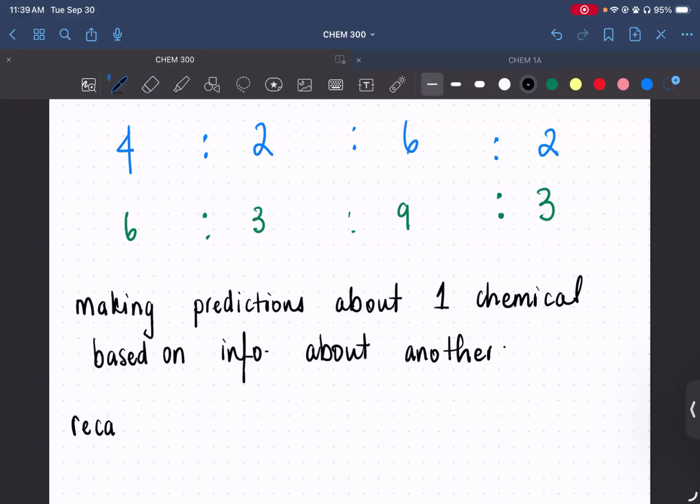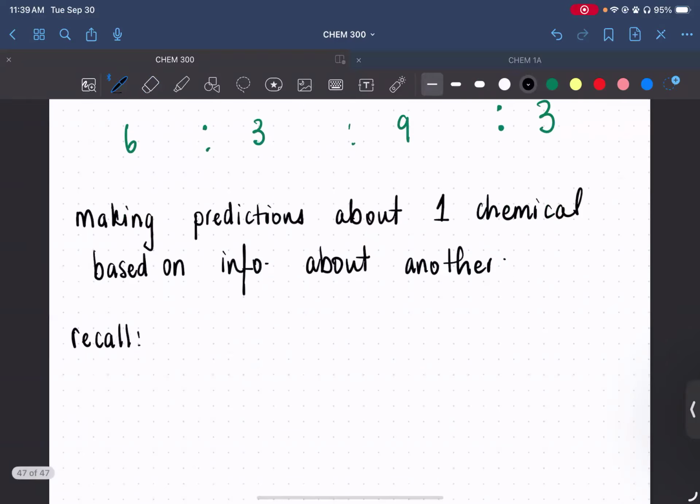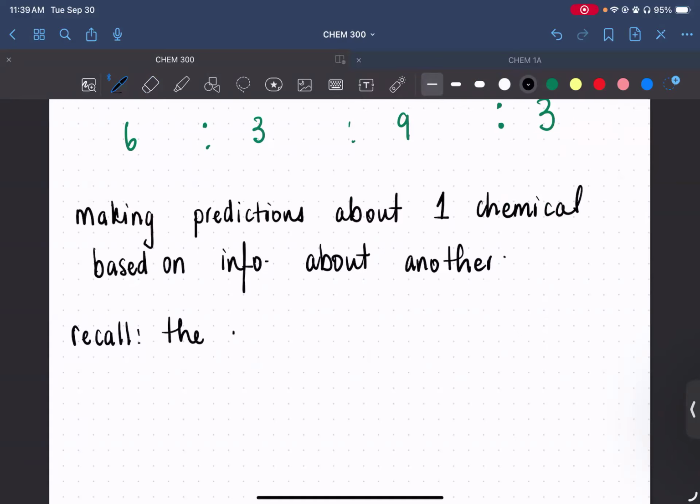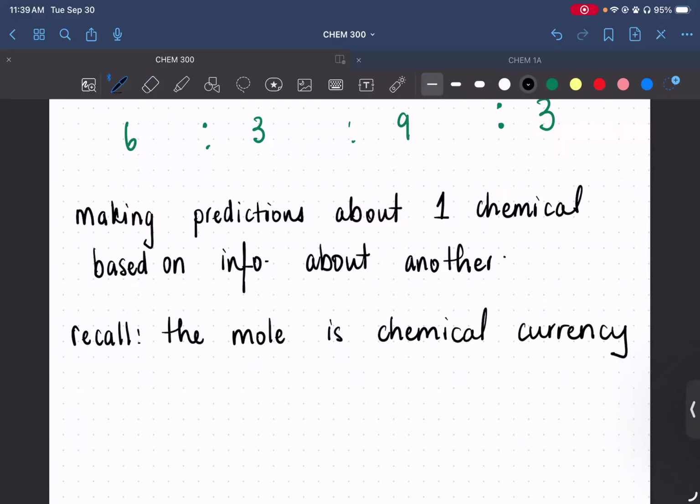And way back when we talked about the mole concept, we talked about the mole being chemical currency. It is the simplest way to describe chemical amounts in a way that everyone understands, just like how the dollar is used instead of, for example, nickels, quarters, and dimes.